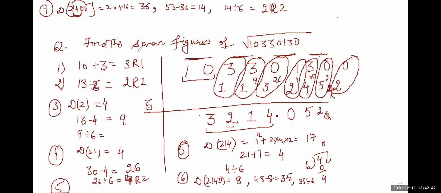But we have to find the first 7 figures: 1, 2, 3, 4, 5, 6, 7. It is completed. So what is the approximate value of the square root? 3214.052. This is the answer. You will write like that.